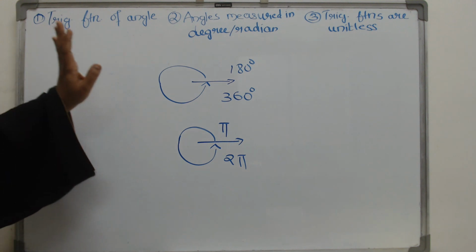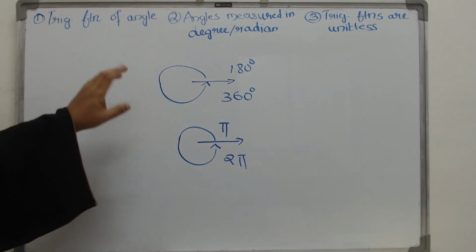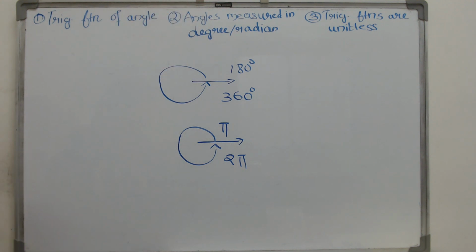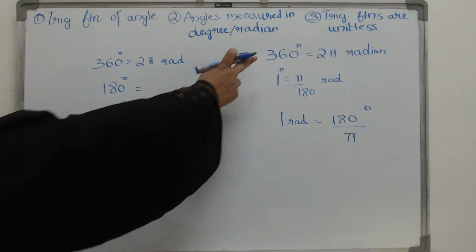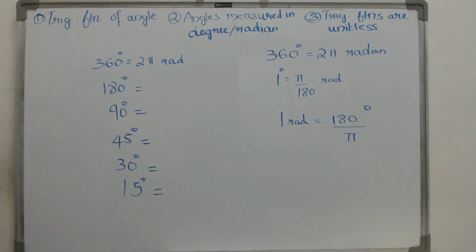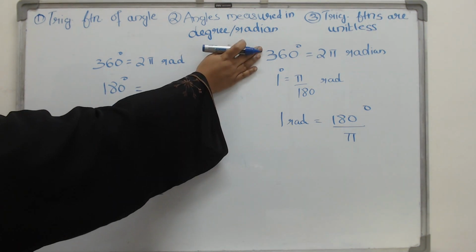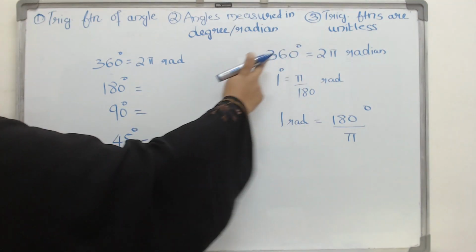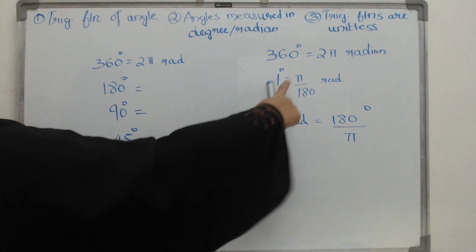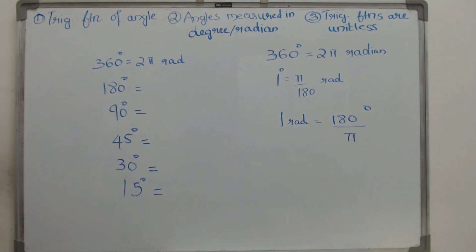Now we will use this information and find out a formula to convert a degree and radian into each other. Now this is the information that we have. 360 degrees is equal to 2 pi radian. Now just take this equation, divide throughout by 360 degrees, then what will you get? 1 degree will be equal to pi by 180 radian.